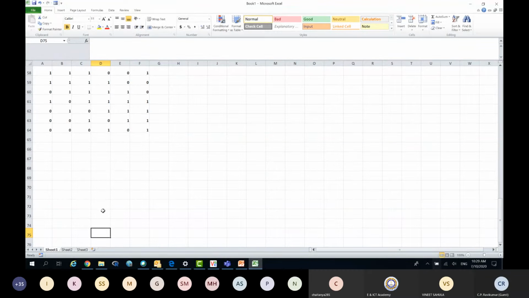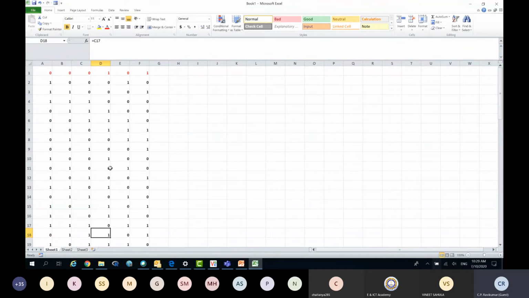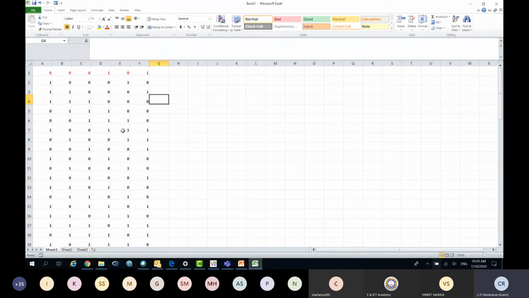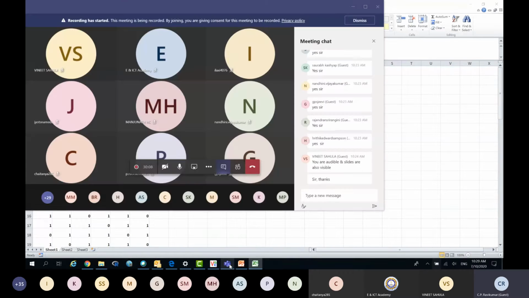It still cycled back to this 101. So at the end we still have 101, but the sequence that I'm getting is completely different. In your chat box, tell me if there is anything that I can explain.